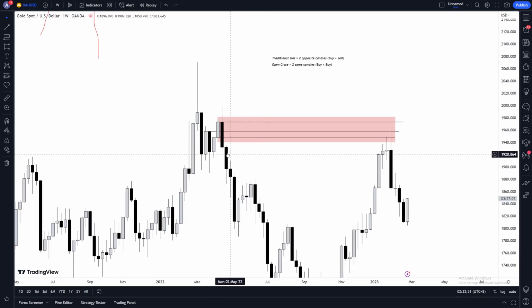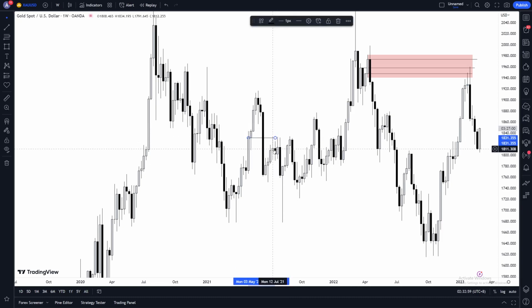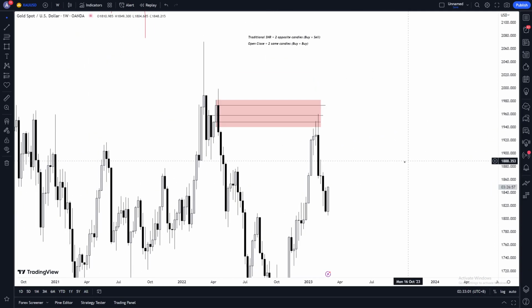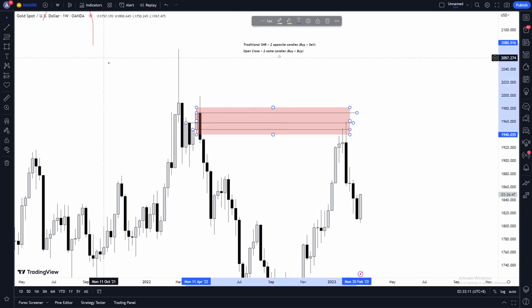Not just randomly the ones in between. Yes, like this one is a random one in between, right? We don't know if it's going to touch this, we don't know if it's going to touch this. That's why we have ourselves a little bit of SOP to follow. But the best ones, if you want to place a limit, etc., will be within the last buy before sell candle. That will be the best OHLC to look for.